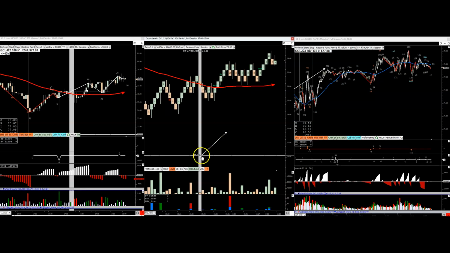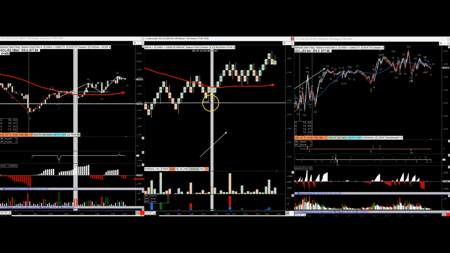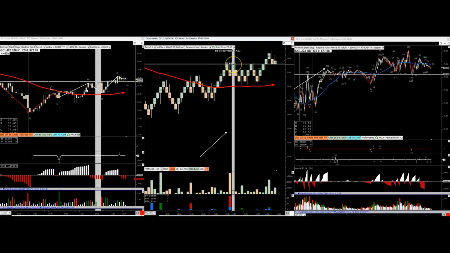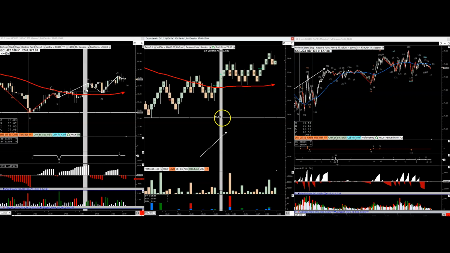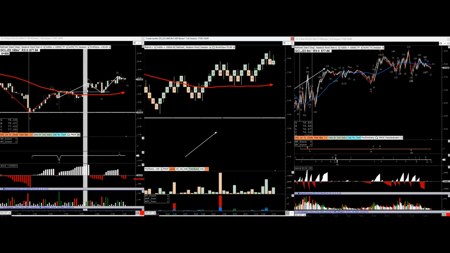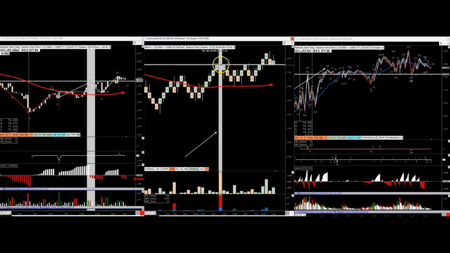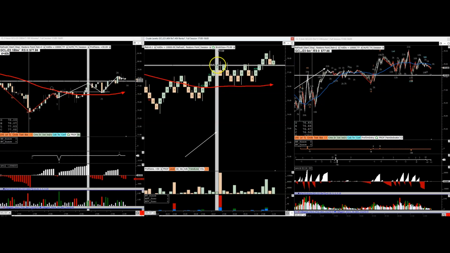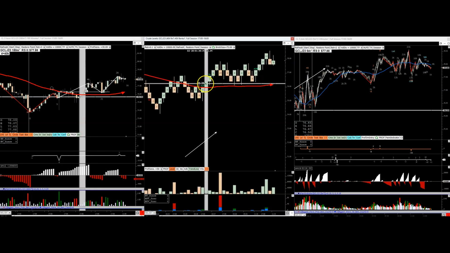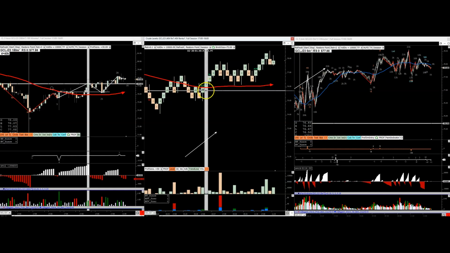So how do you do that? You use a volume profile that's flexible and you can put it on from a low to a high of a swing, but it is very important to be able to chop up the rally and see where the volumes are.